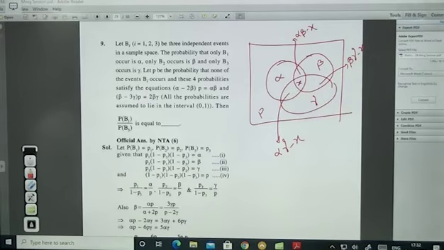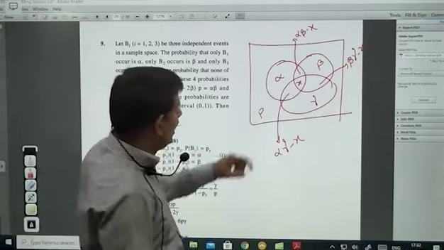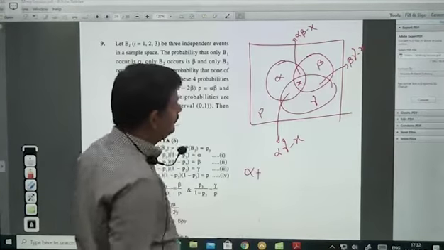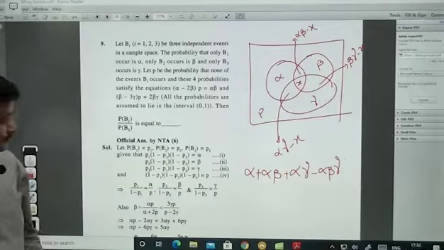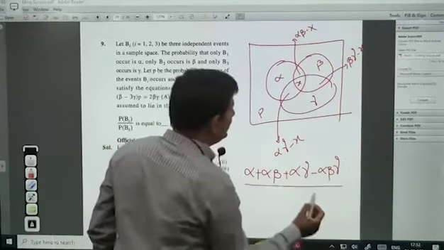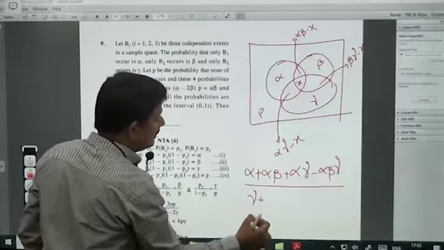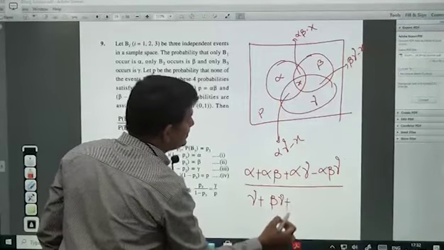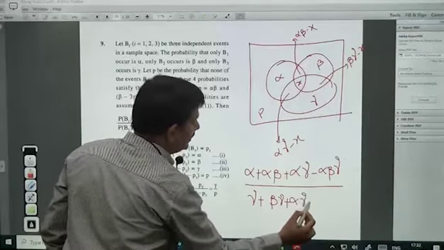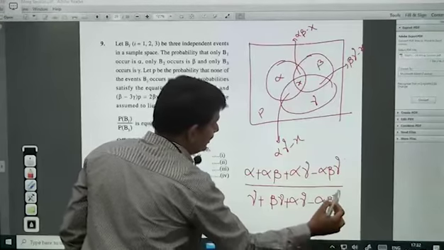P of B1. What is P of B1? Alpha plus this region alpha beta plus this region alpha gamma minus X, which is alpha beta gamma, divided by P of B3. What is it? Gamma plus beta gamma plus alpha gamma minus alpha beta gamma.